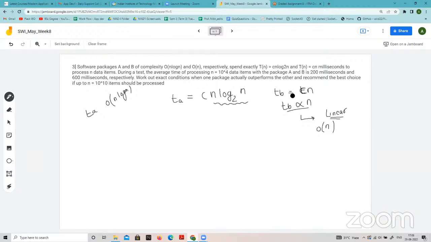So what do we need to find out? We need to find out some actual function, right? Let me compare with the previous one. What was T1 there? T1 was 1000n plus 200, and T2 was n cube plus 5.